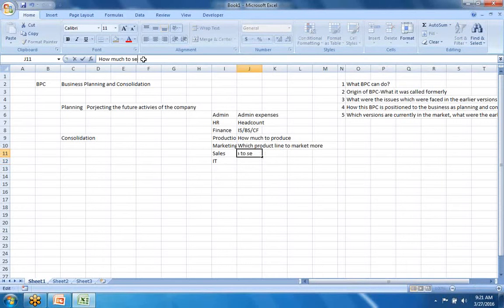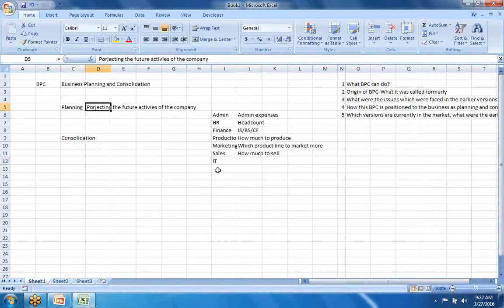Every department is speaking in its own terms of planning, but ultimately everything converges into a financial plan, a full-fledged set of financial planning in monetary units.